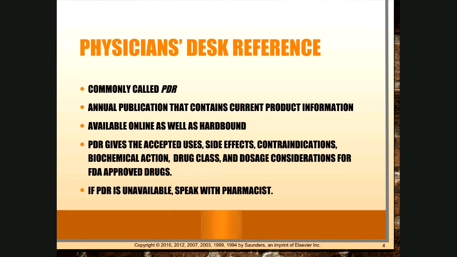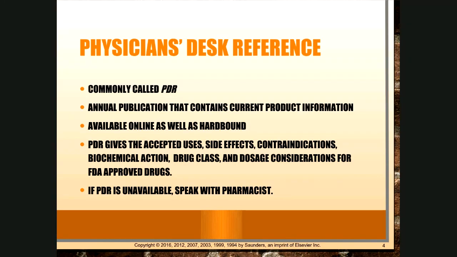A lot of times the physicians have this as an app on their phone, and what the PDR gives is a summary of drugs listing the classes of the drug, the description of a drug, the common brand name, how it's supplied, its different dosages and indications. It also lists contraindications. And typically that is listed for all FDA approved drugs.